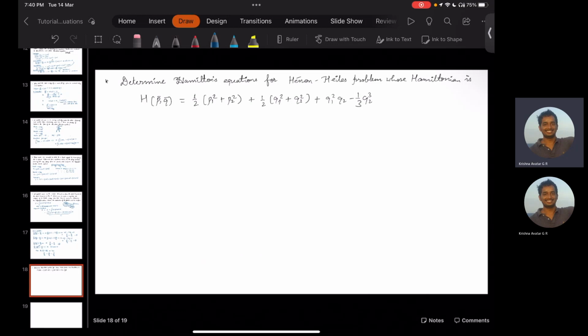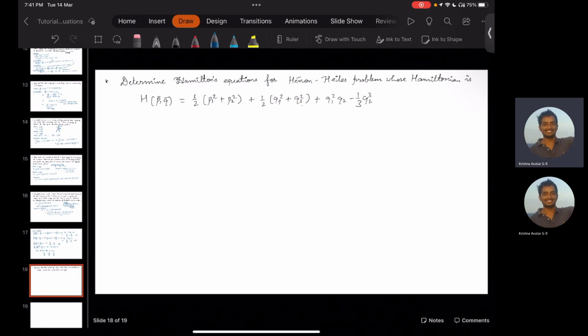So here the generalized coordinates are q1 and q2, and the generalized momenta are p1 and p2. So how many equations will we have? Two for generalized momenta and two for generalized coordinates. So we'll have a set of four first order ODEs, right?